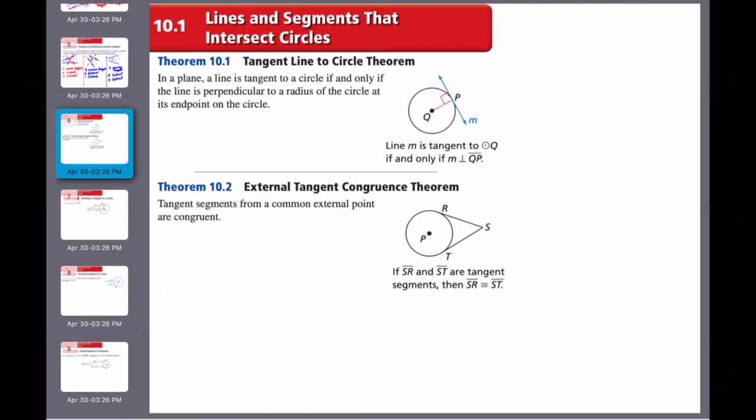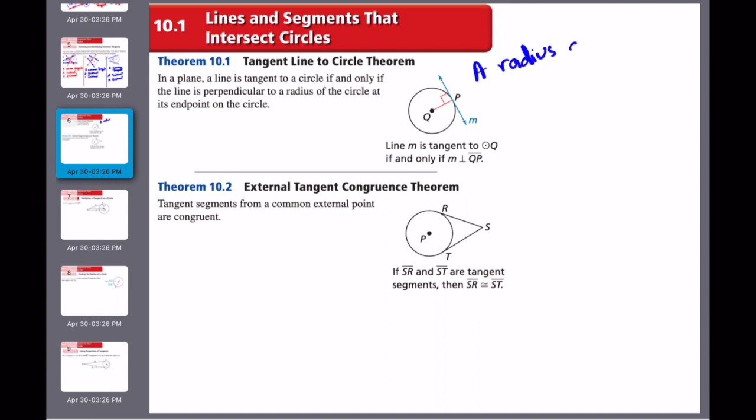So here we begin our theorems. Our theorems often give us rules we can follow so that we can solve mathematical problems with these rules. Theorem 10.1, the tangent line to circle theorem states that in a plane, a line is tangent to a circle if and only if the line is perpendicular to a radius of that circle at its endpoint.